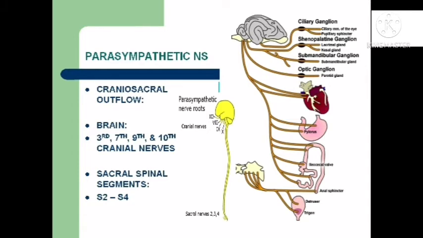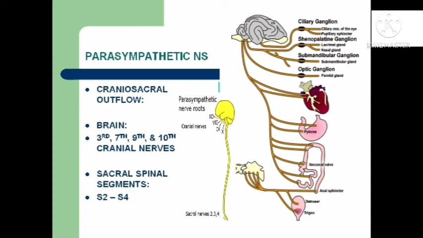The parasympathetic nervous system. It is composed of the cranial nerves 3rd, 7th, 9th, and 10th, and the sacral spinal segments S2, S3, and S4. That is why this is called the craniosacral outflow.